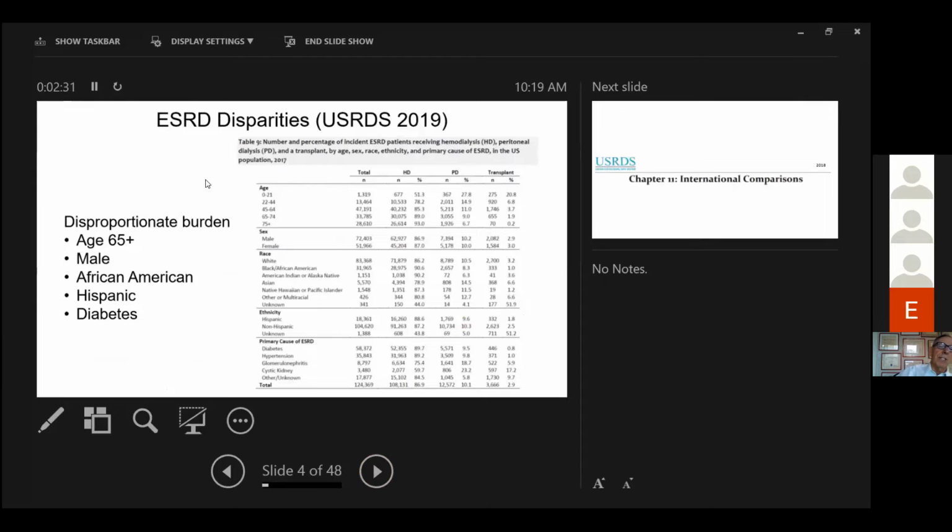Even though treatment is guaranteed in the US for virtually everyone, there's a disproportionate burden of CKD among the older, the male, and African Americans, representing, I think, in great part, social disadvantage and the increased burden of high-risk genotypes in the APOL1 gene, which is in high prevalence in Western Africa, with higher incidence in Hispanics and in diabetics. That's even with treatment provided by the government.